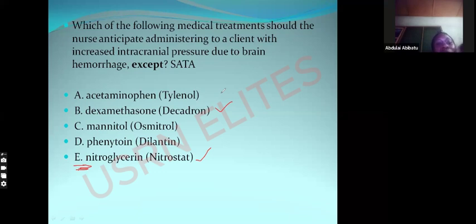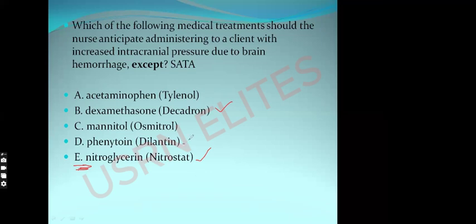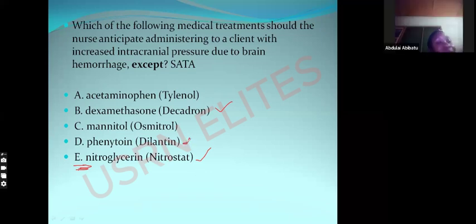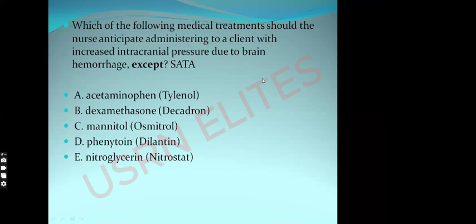The phenytoin also relaxes the patient and sedates the patient a little bit, and prevents the patient from seizures. And E is not needed because nitroglycerin will also cause severe vasodilation, which will reduce BP rather drastically.